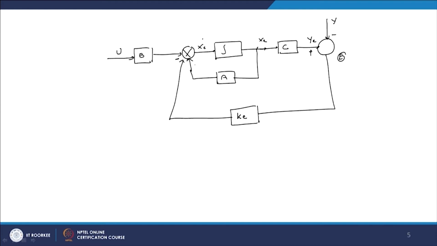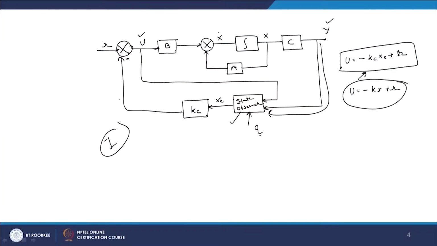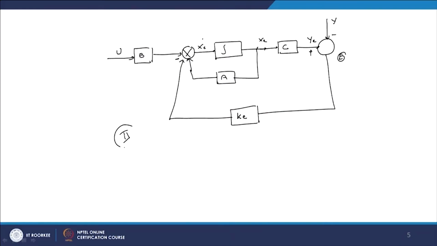Now, the state observer we have drawn independently. Now, what we will do is combine both figures, that is this block diagram and this block diagram, and let us see in what way we will get the final structure.